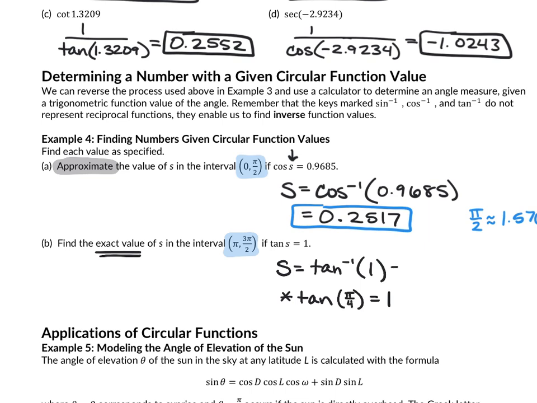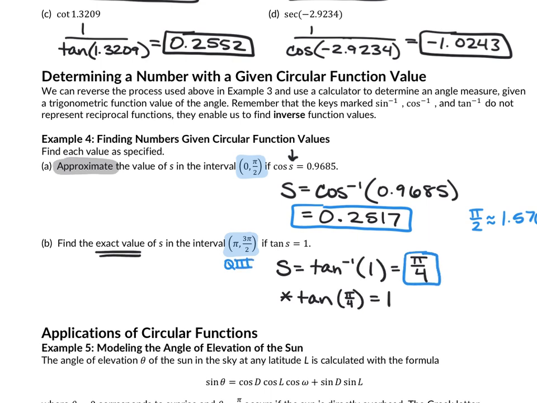So the inverse tangent of 1 is going to be pi over 4. The problem is that's not the right answer, because is this value we got in this interval from pi to 3 pi over 2? No, pi to 3 pi over 2 is quadrant 3.